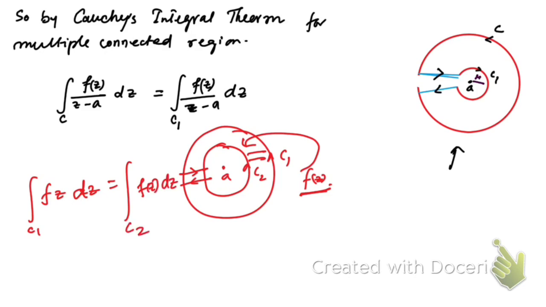We have got that formula, that theorem, in the last video, lecture number 13, so please do watch that video. Now you see here, instead of f of z, we have f of z by z minus a. So using that theorem, we have got this relation, right? So hope you have understood this. Now let me clean these things.